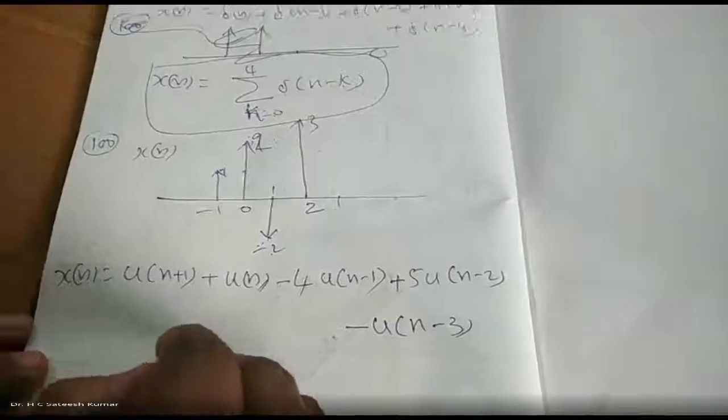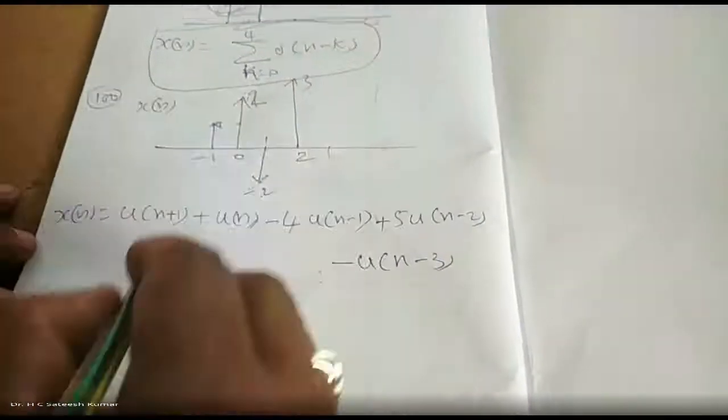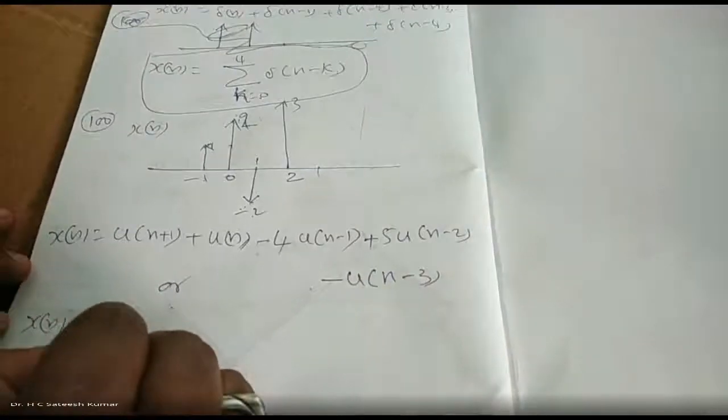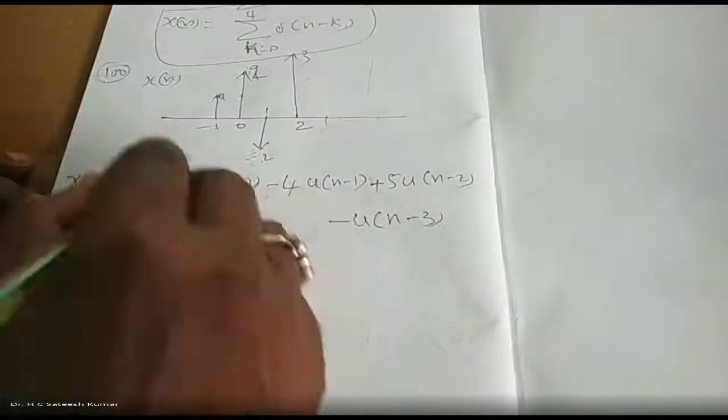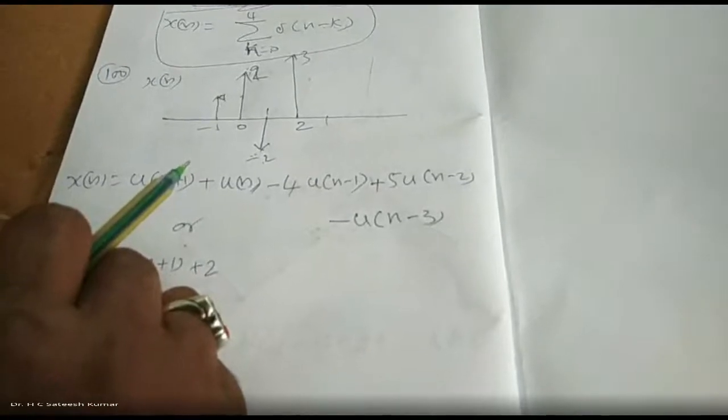Another way of doing this, the easy way: x of n, at minus 1 the amplitude is 1, so delta of n plus 1. At 0 the amplitude is 2, so 2 delta of n. Because the delta function is only one element, that element we make amplitude scaling as well as time shift. Then you will get these elements.